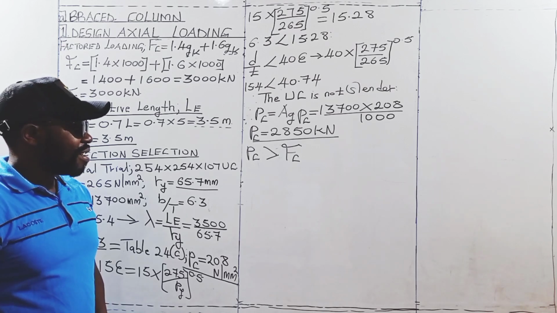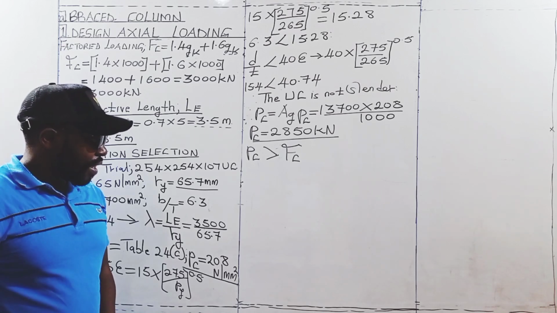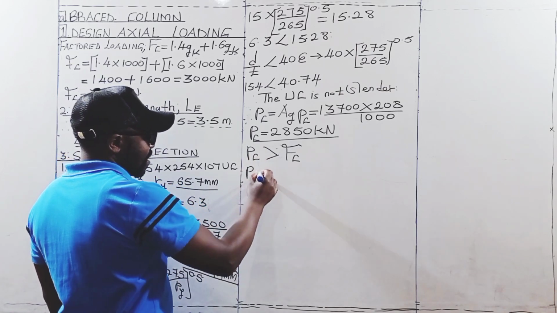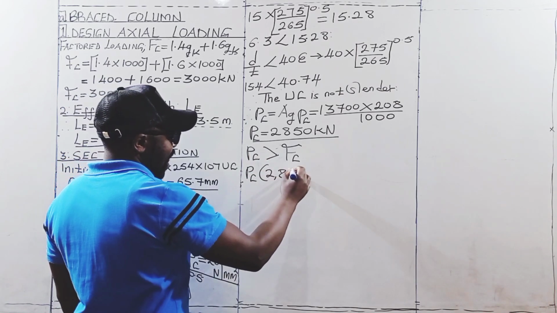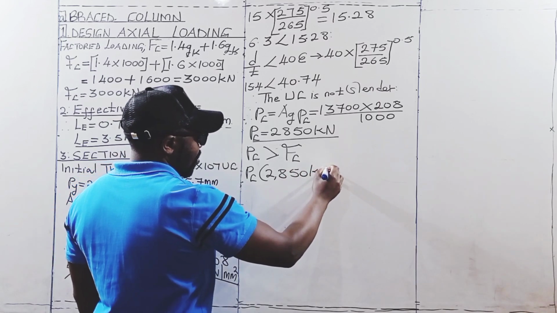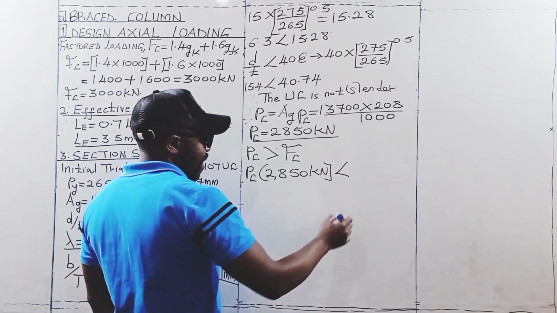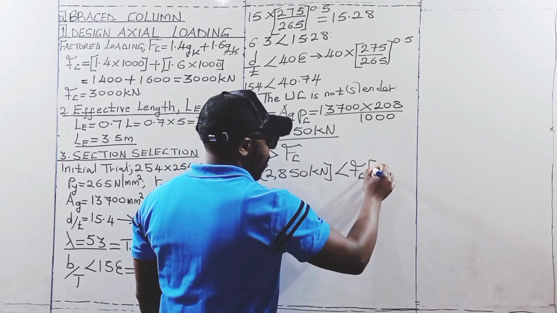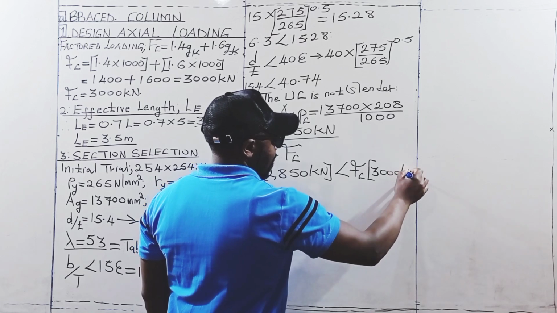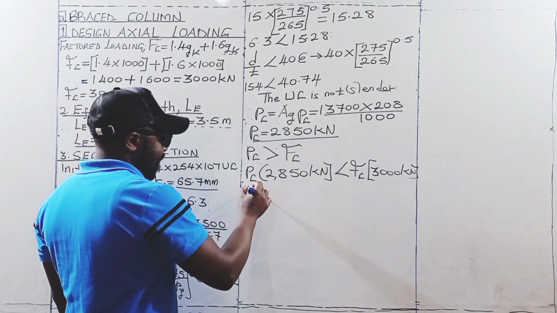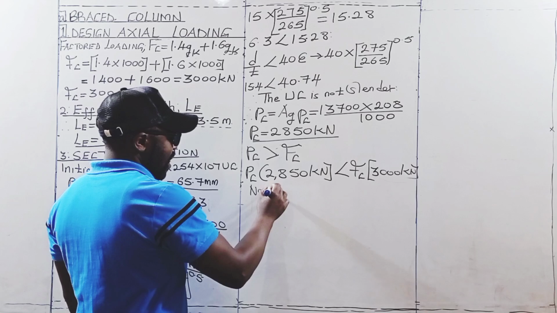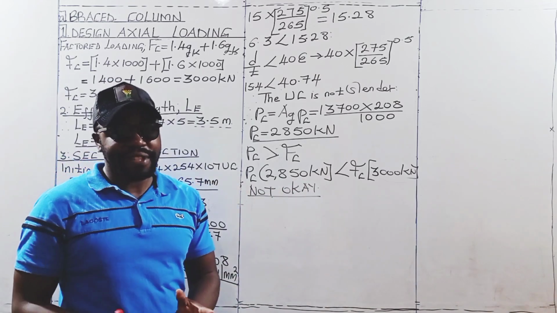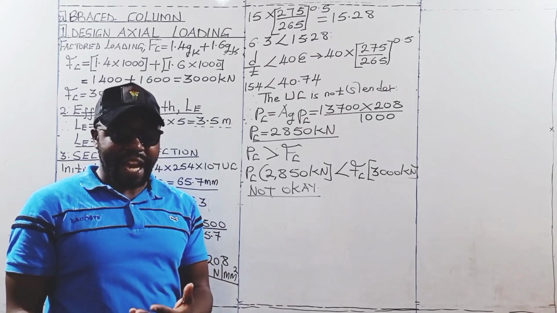And in this case, you will find that the compression resistance, which is 2,850 kilonewtons, is less than the factored loading, which is 3,000 kilonewtons. And therefore, this means that the section we have selected is not okay. We are going to select another section, or we are going to try another section.